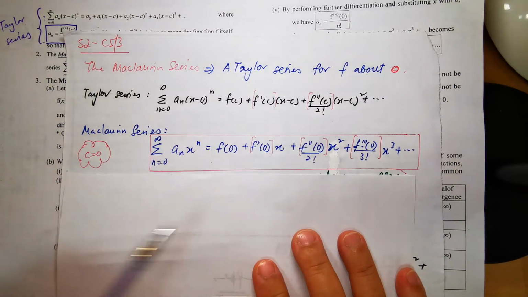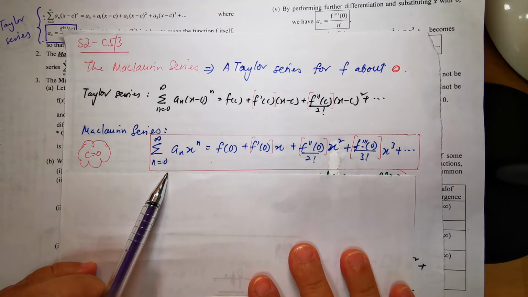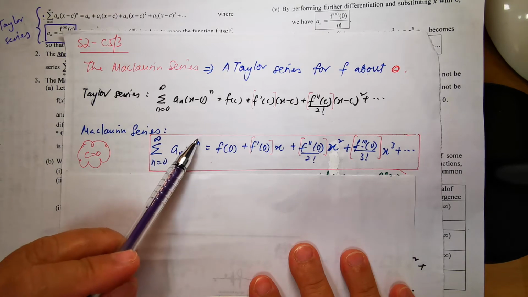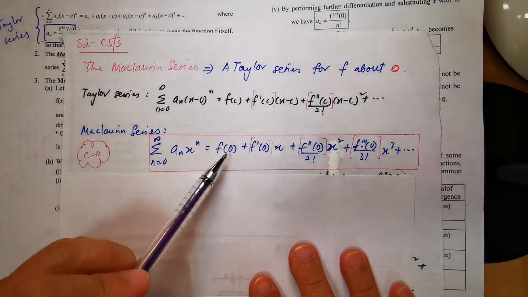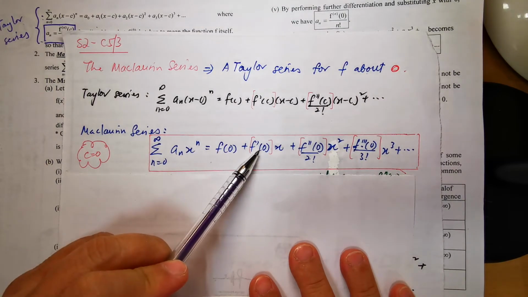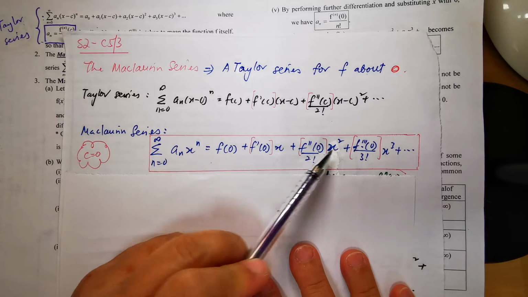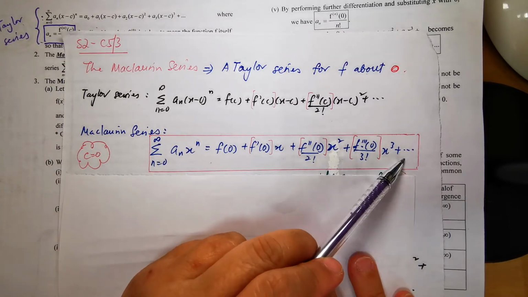About 0, so c equals 0, then this is the Maclaurin series. So the summation of an x^n, because c equals 0, so no more c. So f(c), with c equals 0, becomes f(0), f prime 0 x, f double prime 0 over factorial 2 x squared, f triple prime 0 over factorial 3 x cubed, and so on.